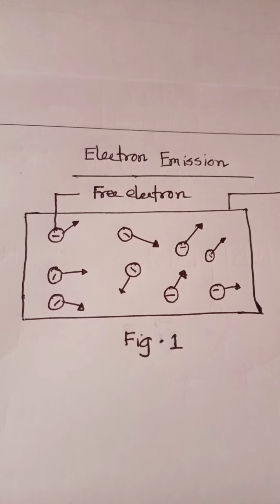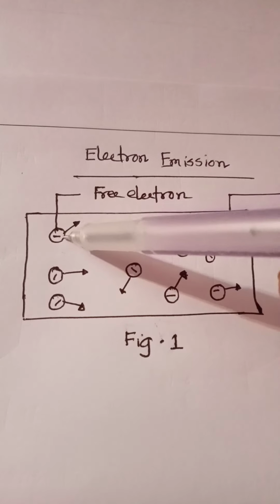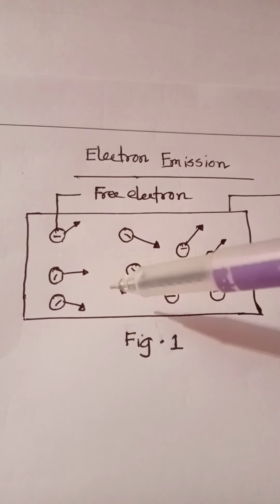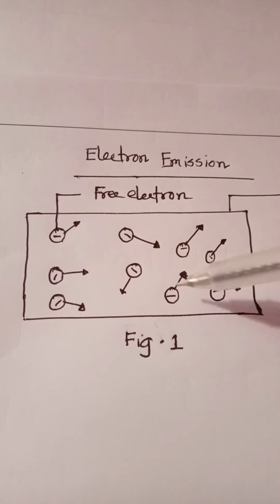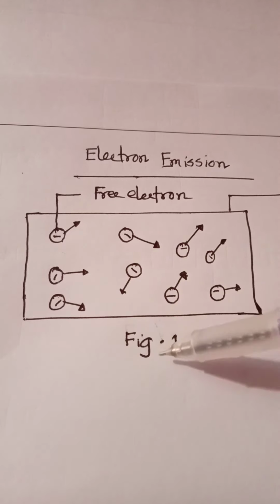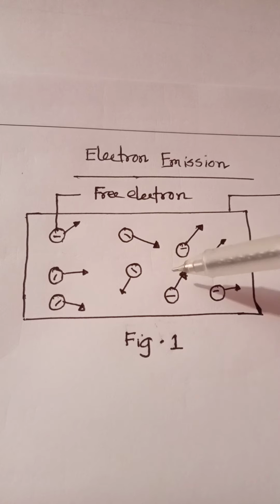However, these electrons are free only to the extent that they may transfer from one atom to another within the metal, but they cannot leave the metal surface to provide electron emission.